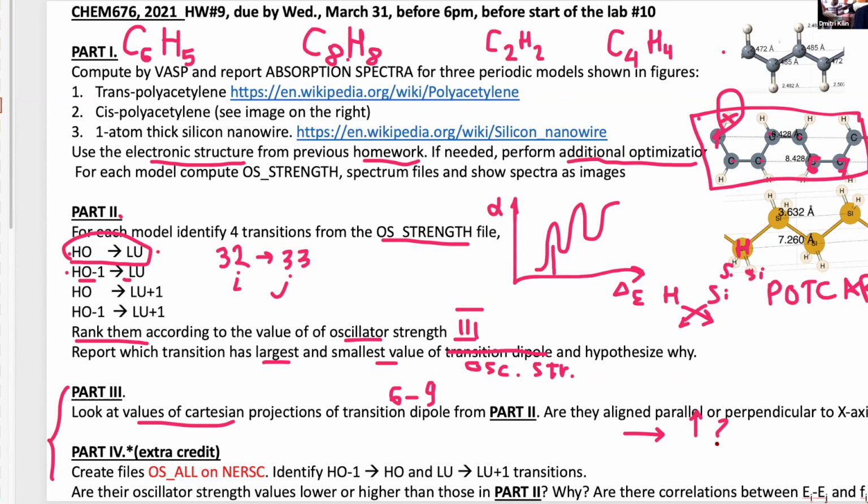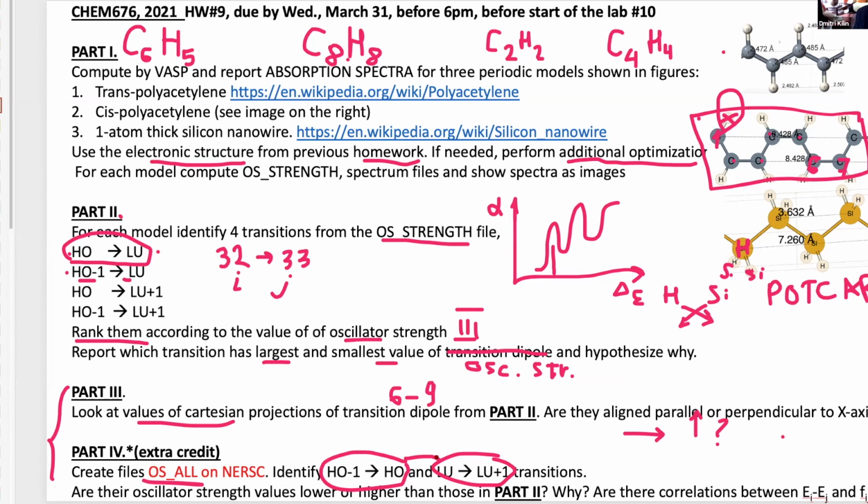And you are welcome to stop at this point while doing homework. But if you are really, really dedicated, you can compute oscillator strengths and explore transitions from occupied to occupied and unoccupied to unoccupied, and compare them with the transitions that you looked at before.